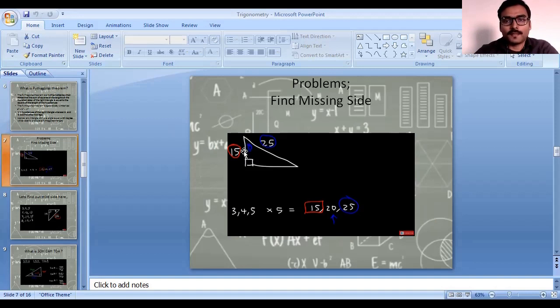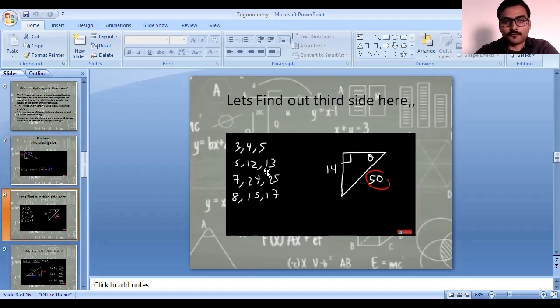We need to find here the missing side and we can find it using a shortcut. 3, 4, 5 is already a Pythagoras triple, and 15 will come out when 3 is multiplied by 5, and 25 will come out when 5 is multiplied by 5, and 20 will come out when 4 is multiplied by 5. So this way we can find the missing side.